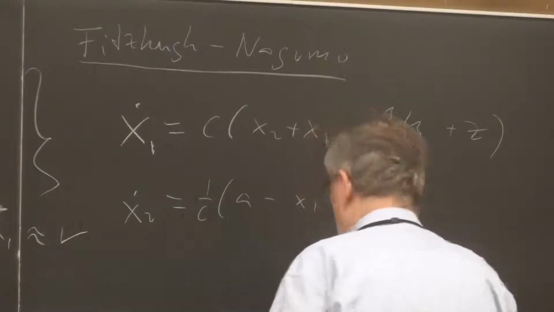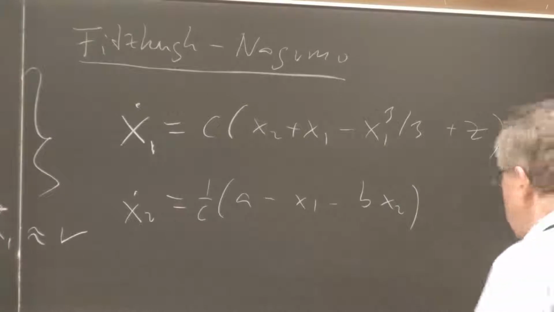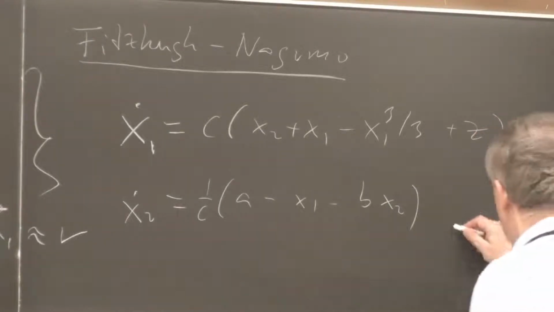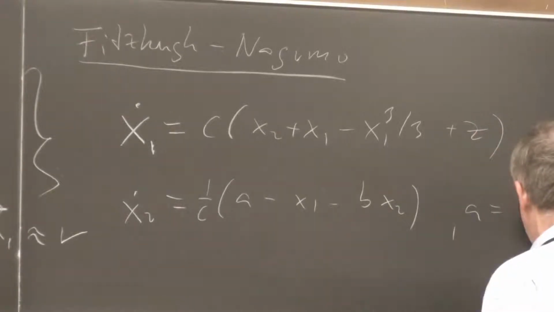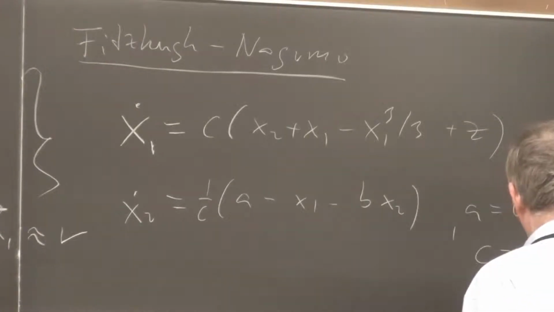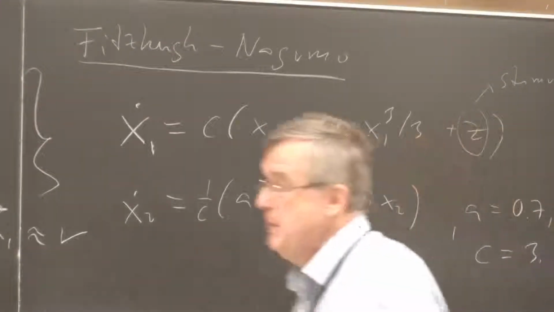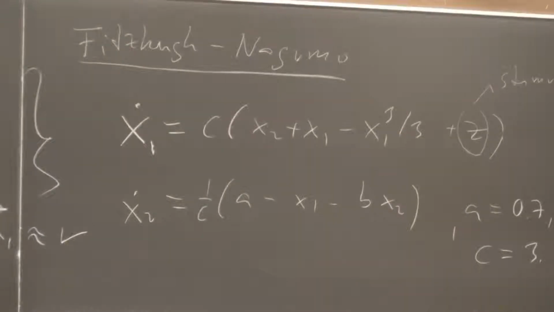These are phenomenological equations. They don't describe all kinds of neurons, but some well. And I can even tell you the values you can take for a and b. So we don't want to dilly-dally around with all kinds of things. z is a stimulus parameter that tells us how much stimulus we get at the point where we drive the system.